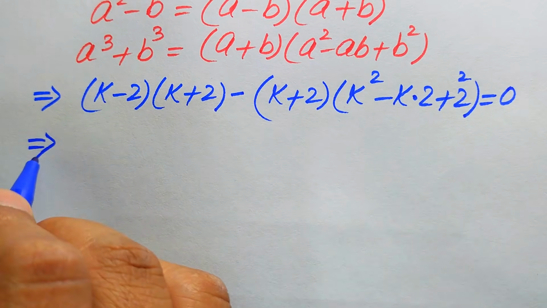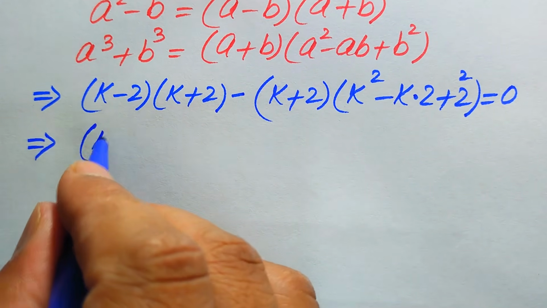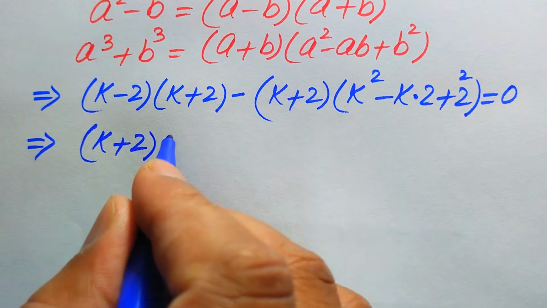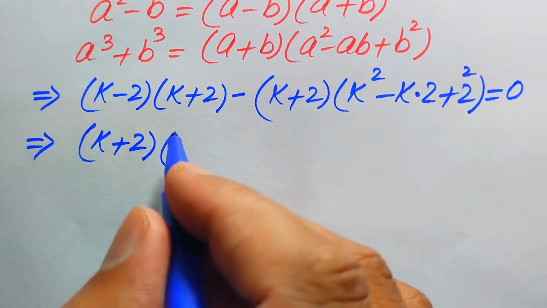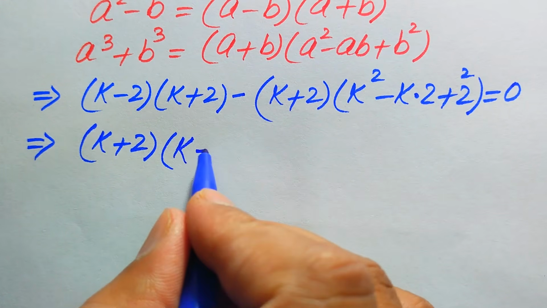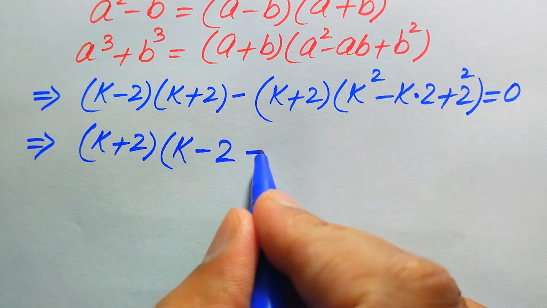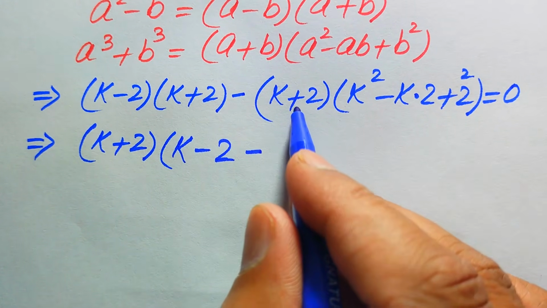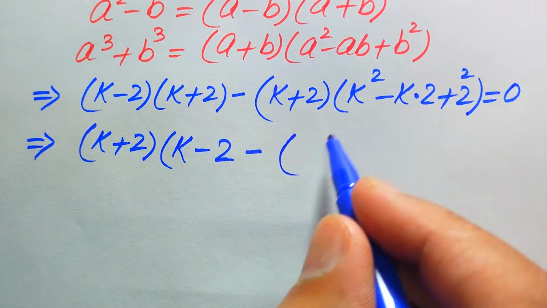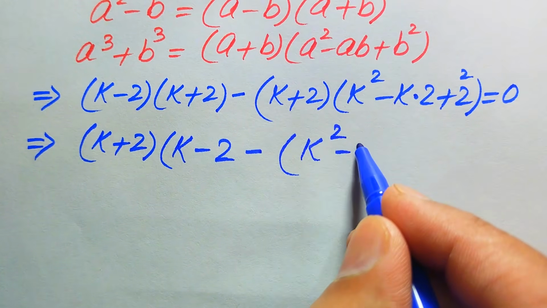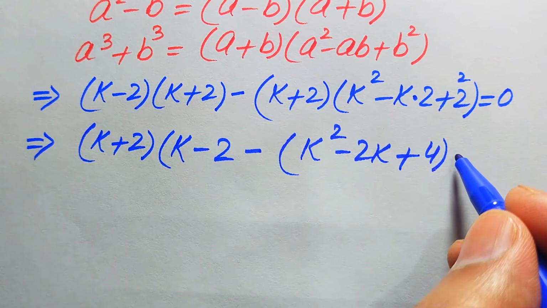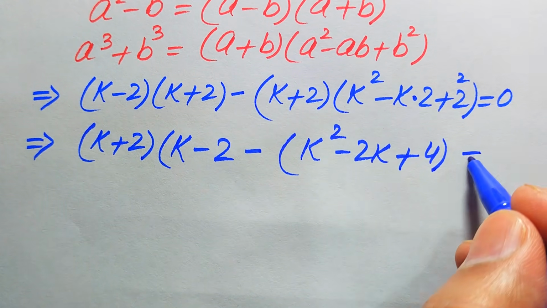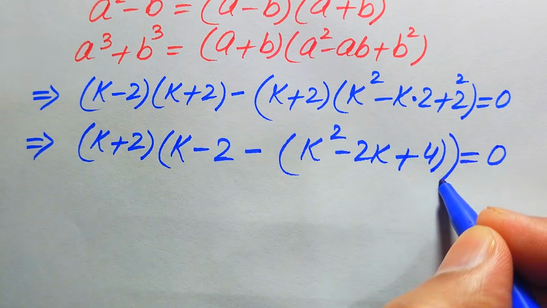And further in the next step, you see that from both of these two terms we have k plus 2 as the common factor, so when we take common k plus 2, the remaining values are k minus 2, and minus, when we take common k plus 2, the remaining values are k square minus 2k plus 2 square, which becomes 4, and this whole equation is equal to 0.